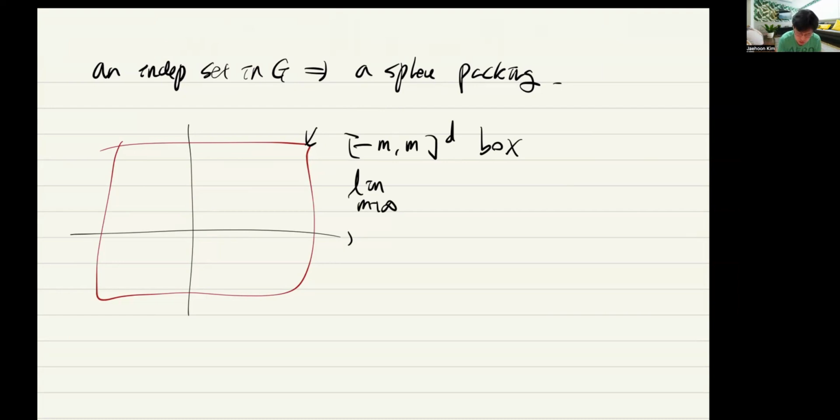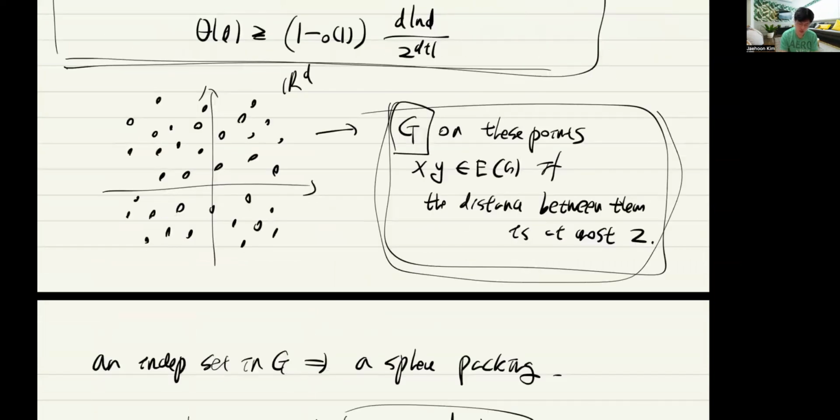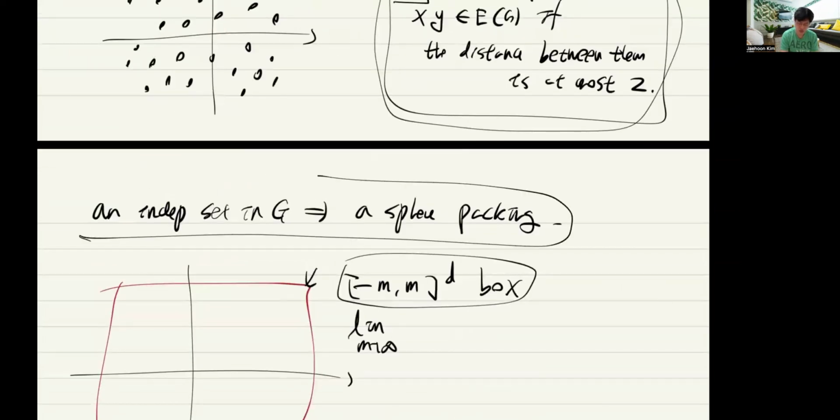So essentially, you can do this on finite space. And in finite space, you get a finite graph. And once you find a large independent set, that gives you a sphere packing. If your independent set is large, then it is also good.